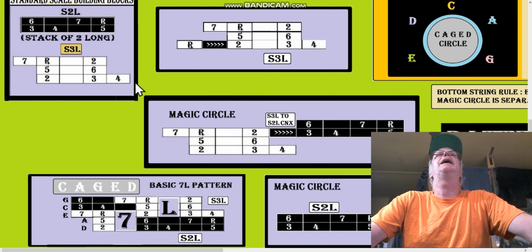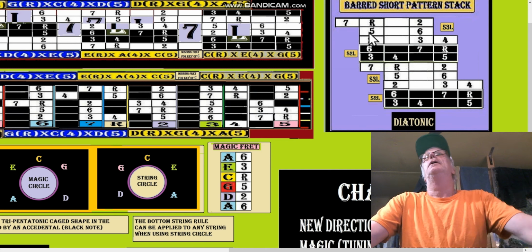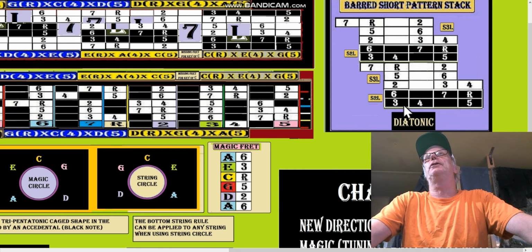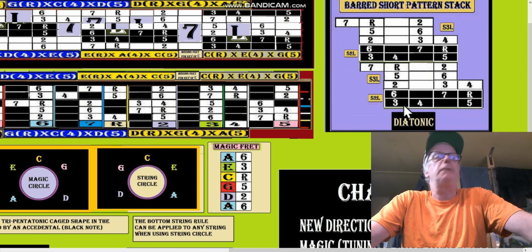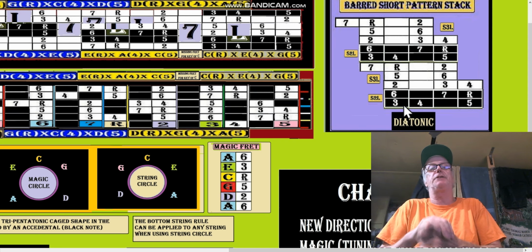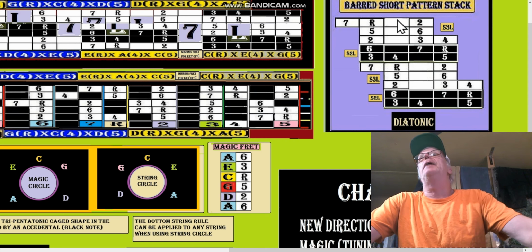It would be like trying to assign a particular CAGED shape, or any shape at all, not necessarily related by CAGED, but it could be related by magic circle, to this diagram.